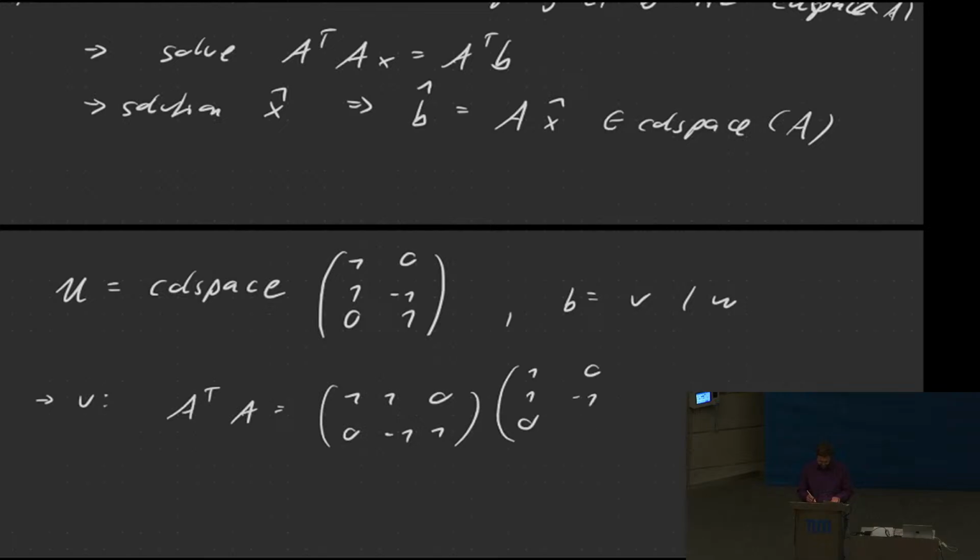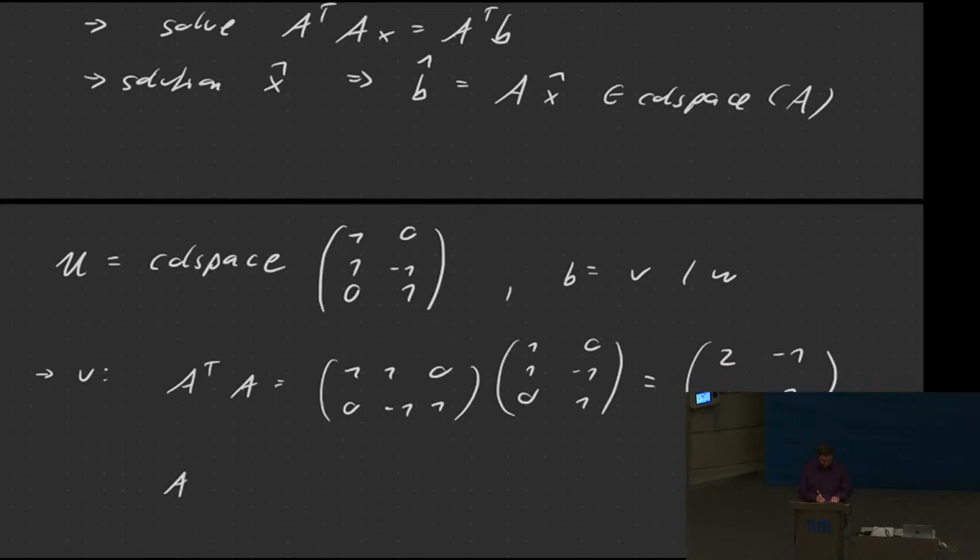Oops, sorry, there's a 1 here. So let's see, that is 2, minus 1, minus 1, and 2. And remember, if you do that, the result should always be symmetric, so it's worth a quick check. And of course, this is symmetric here.